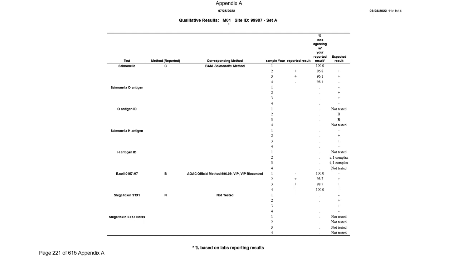The far column indicates the expected results, and in between the two is the percent of labs agreeing with your reported result. As you can see, there's a high degree of labs agreeing with each other.